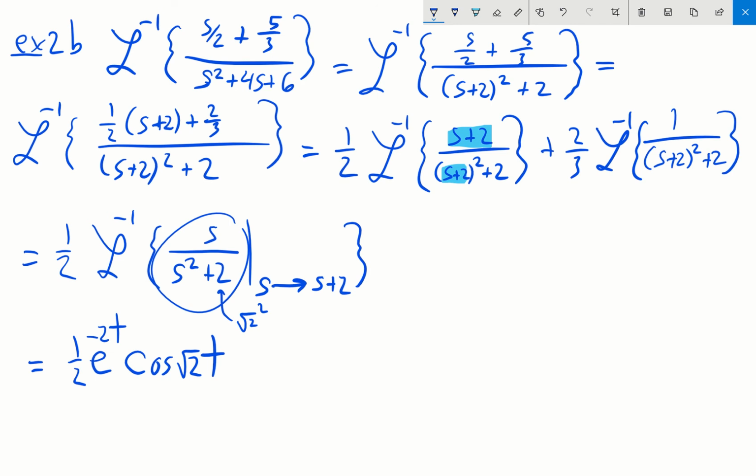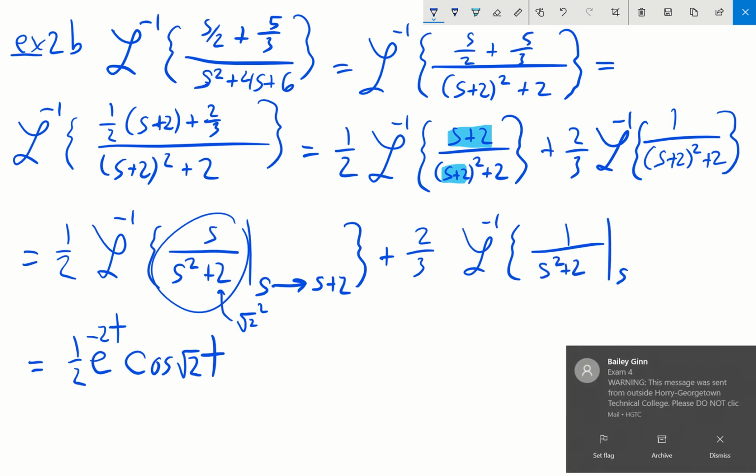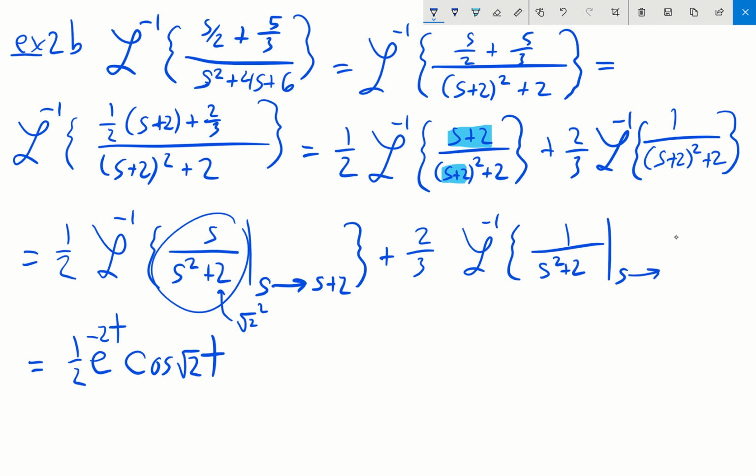And then similarly, if we come over to this next one, we have plus 2/3 the inverse Laplace of 1 divided by (s plus 2) squared plus 2. I want to rewrite it in the same way. Let's think of this as a shift. I'll call it 1 over s squared plus 2, where s is being replaced with s plus 2.